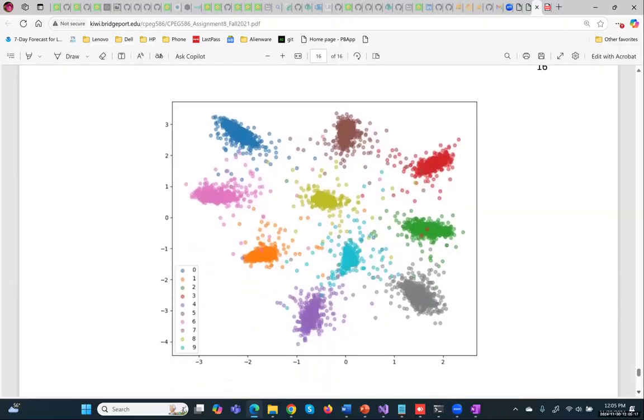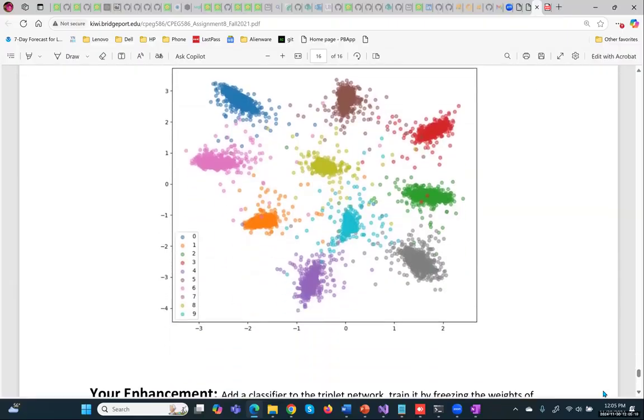So my question is, which one is better between the two? The first one or this one? And why? Exactly. See, if the latent representation is still putting them too close to each other, the probability of misclassifying is high, okay?